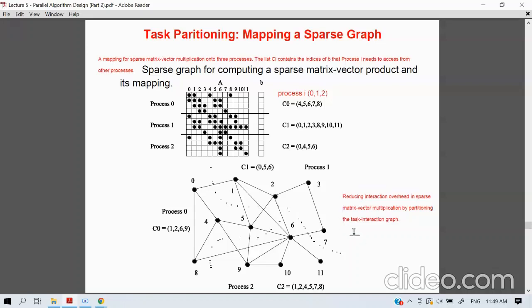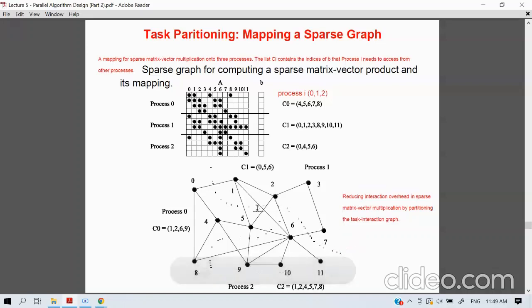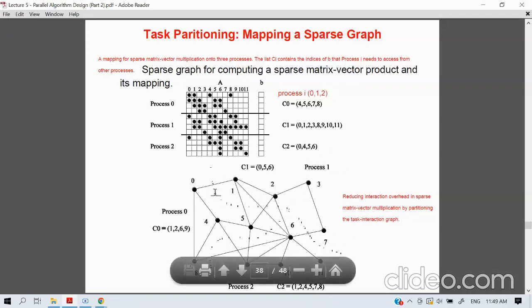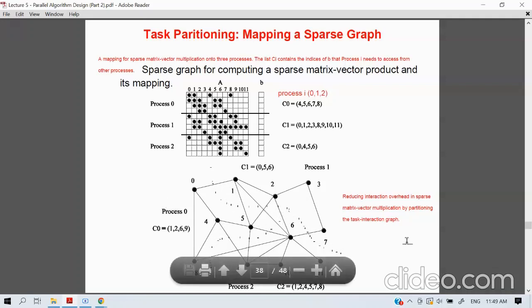As you can see here, there is a dotted line. This represents the section for each mapping process. This one is for process 1, this section is for process 0, and the last one is for process number 2, the bottom one.